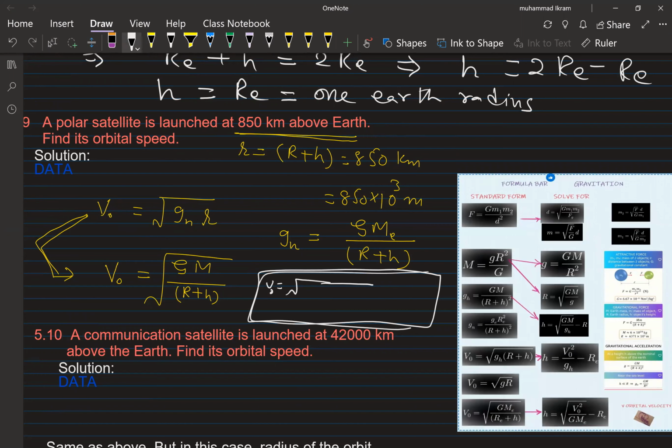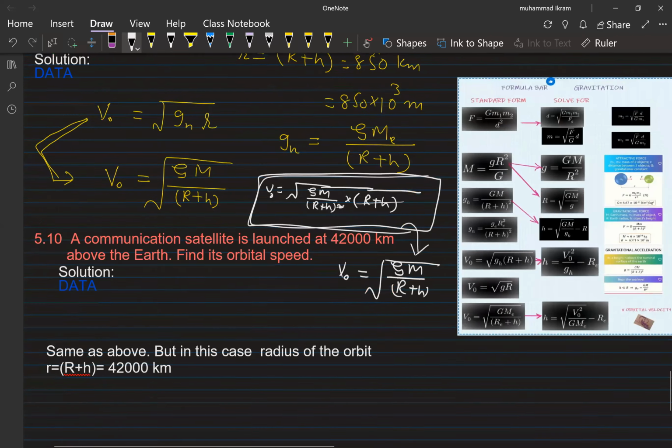What is the value of gh? It is GM into R plus H whole square. And here you have this R equal to R plus H. So this R plus H gets cancelled with this thing, and what is left with you? V naught equals the square root of GM over R plus H. So better to use this direct formula while solving the given numerical.